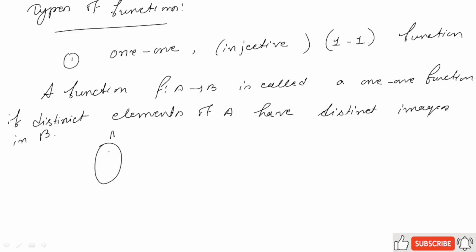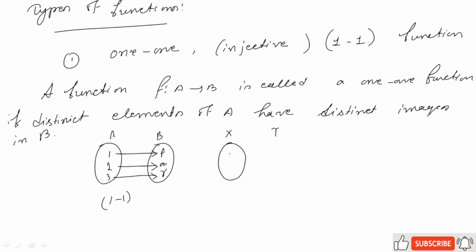This is A: 1, 2, 3, this is B: p, q, r. 1 is related to p, 2 is related to q, 3 is related to r. This is a one-one function. Okay, similarly another, suppose this is X, this is Y. Let us suppose u, p, w and a, e, i, o, u.